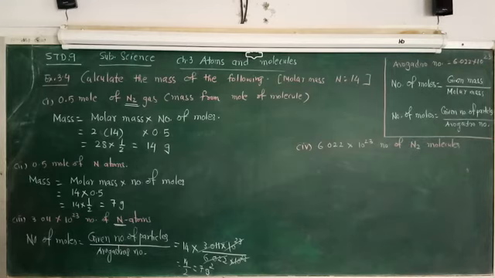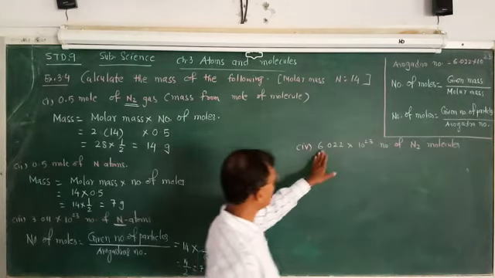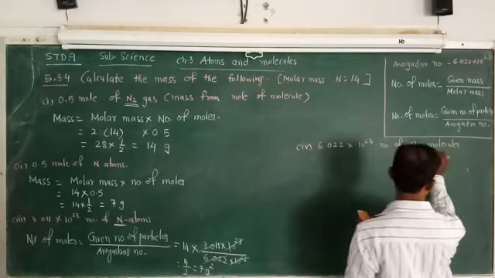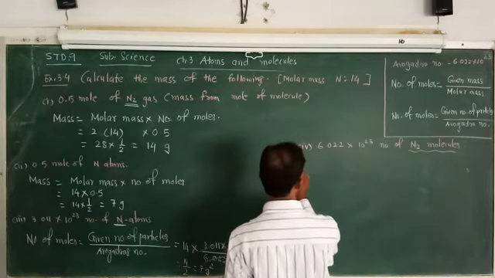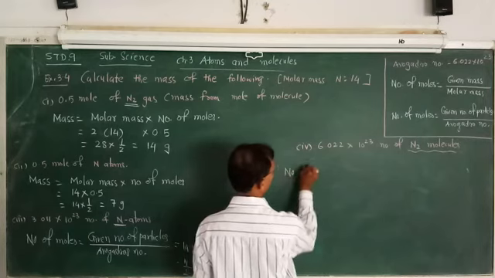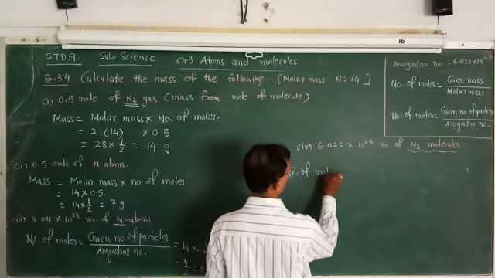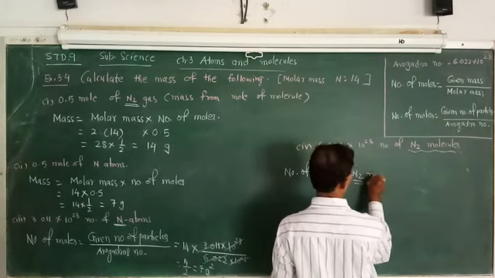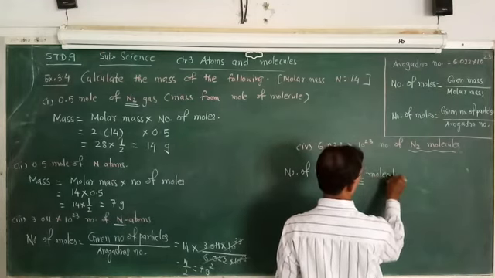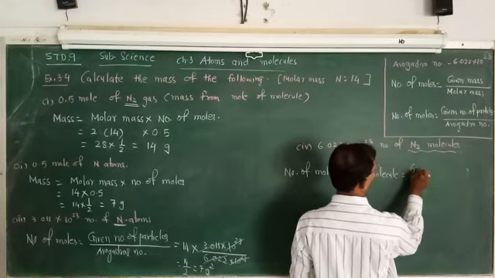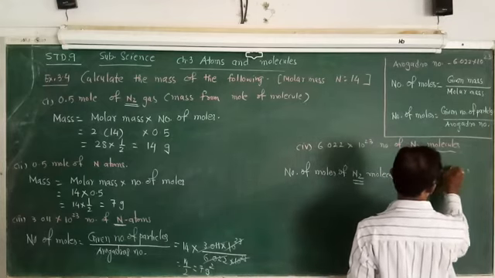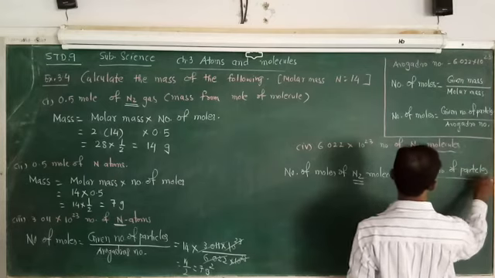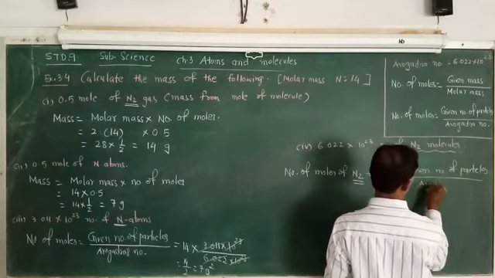Now the fourth one: calculate the mass of 6.022 × 10^23 N2 molecules. For N2 molecules, number of moles is given number of particles upon Avogadro's number.